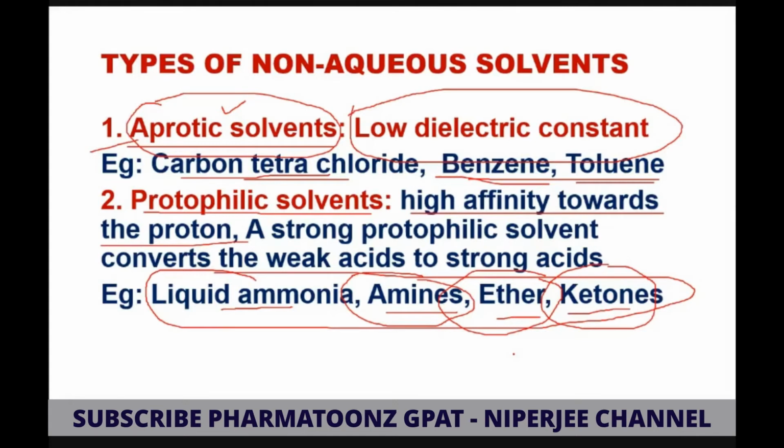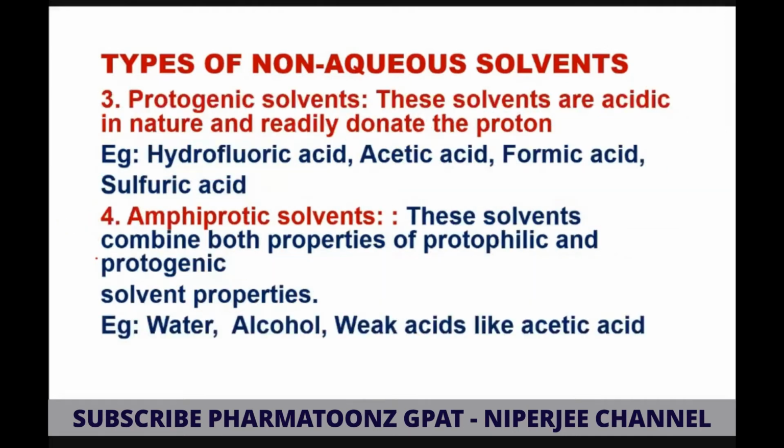These kinds of solvents accept the proton, and the weak acid is converted to a strong acid. So in an exam question like which kind of solvents are used to convert a weakly acidic compound to a strongly acidic compound, the answer is protophilic solvent, which has a high affinity towards the proton.